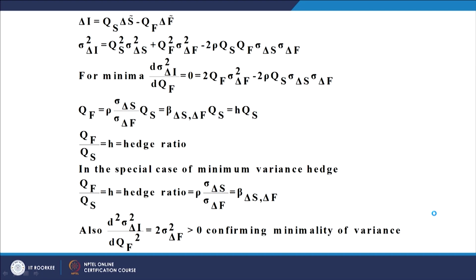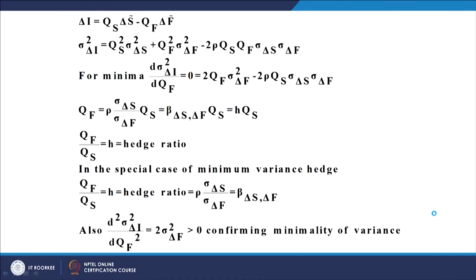As you can see on the slide, the value of the exposure is I, and the change in value of the exposure over the hedge period is shown by delta I, which is the quantity in the spot market, the exposure quantity, times delta S, the change in spot price, which is the stochastic variable. Similarly, delta F is the stochastic variable representing the change in price in the futures market.